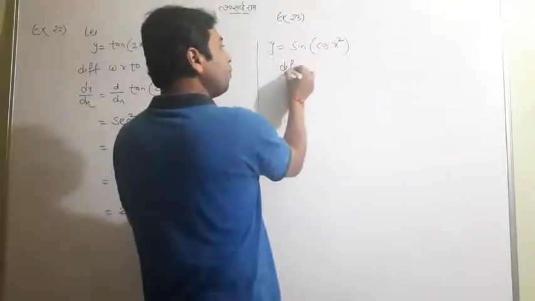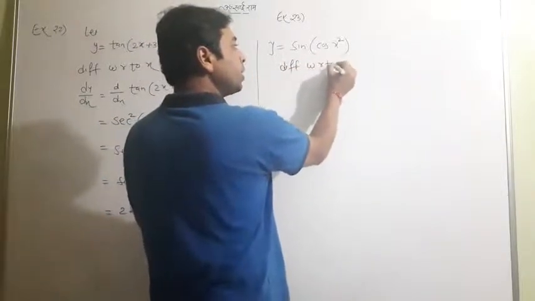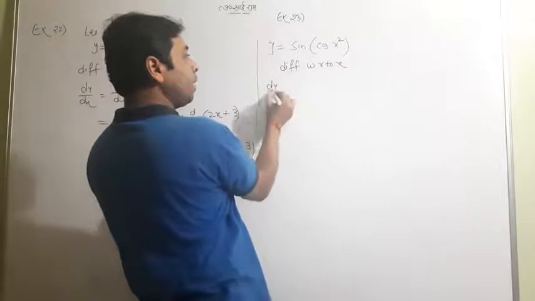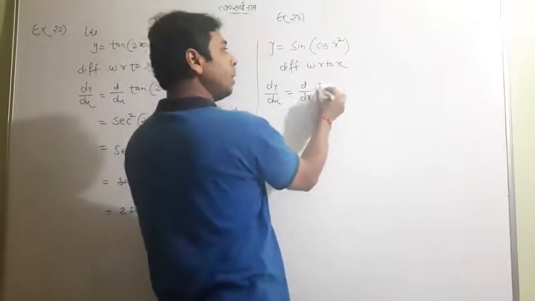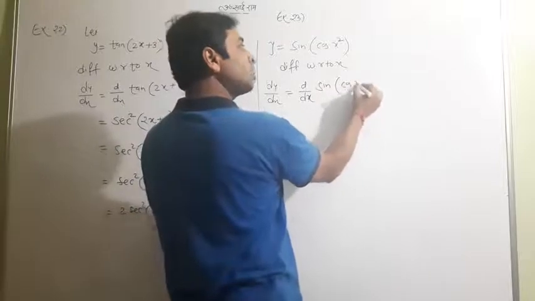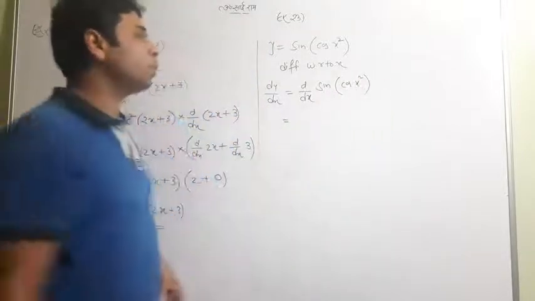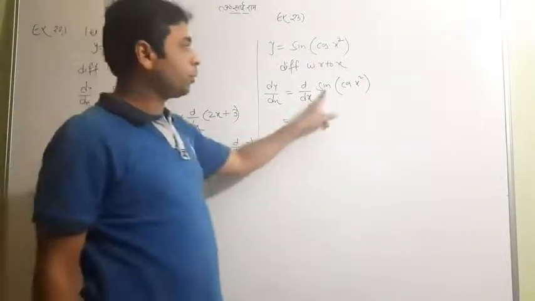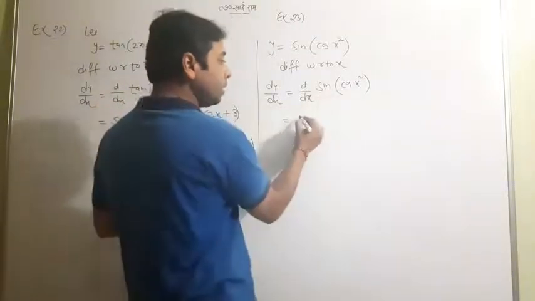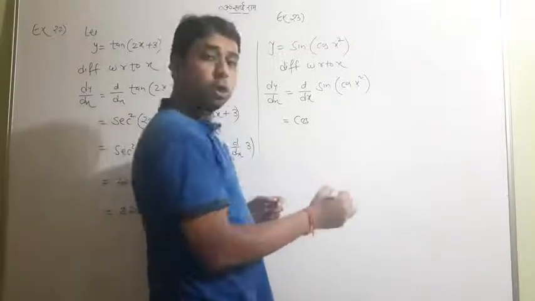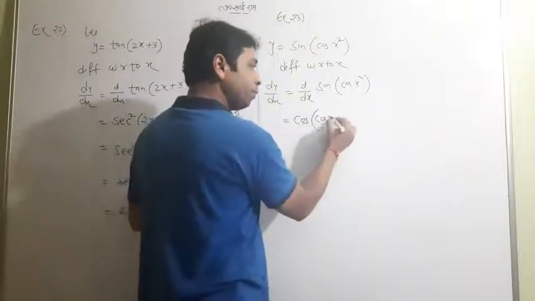First step will be to differentiate with respect to x. This y will be dy by dx. Don't get in a hurry. First write the operator and then the function and then start your differentiation. So how will it start? First the differentiation of sine, whatever the angle is. The differentiation of sine is cos, and the angle will be the same.